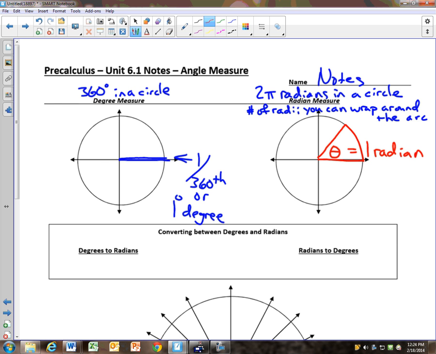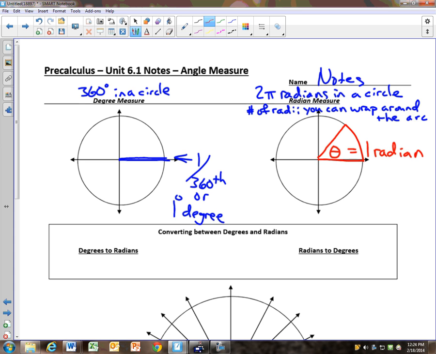So notice the difference between 1 degree and 1 radian. Pretty significant, isn't it? You could put about 59 degrees in 1 radian. Is that actually 1/360th?